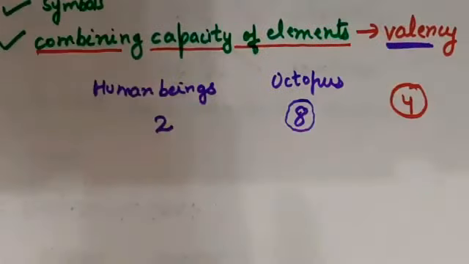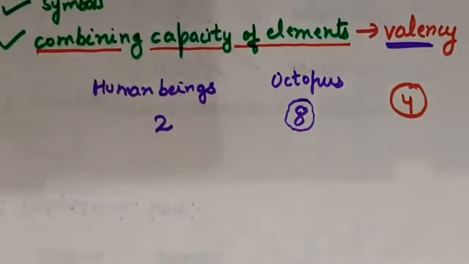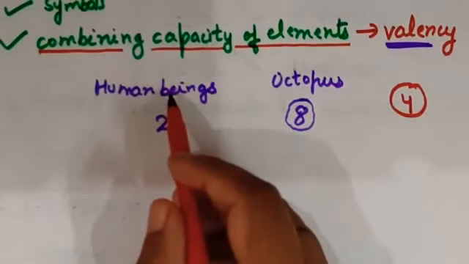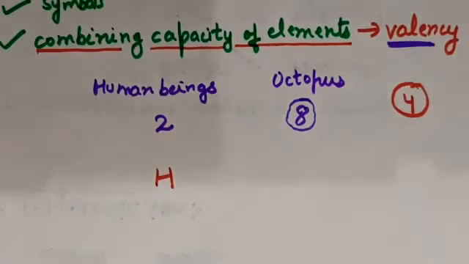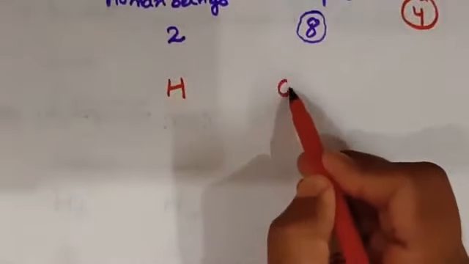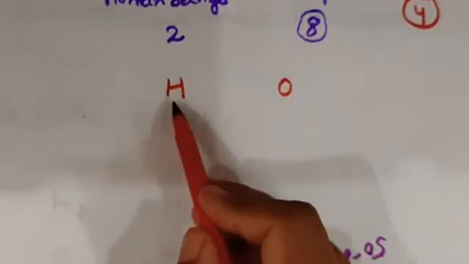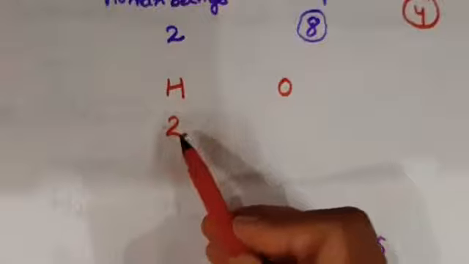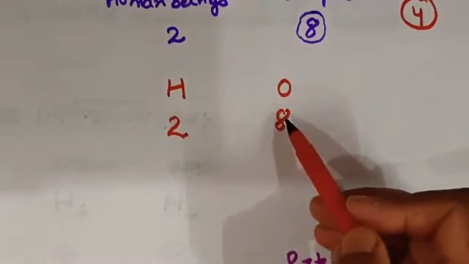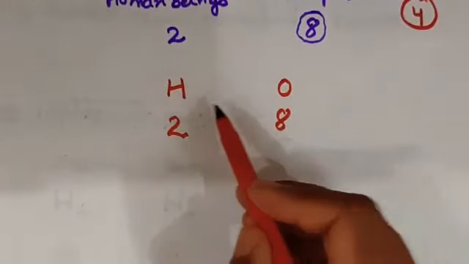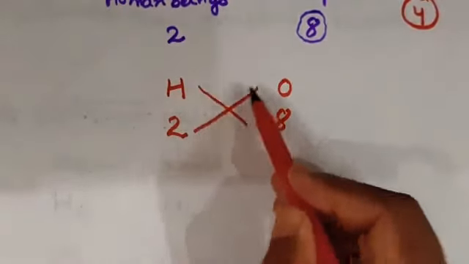So how did we get our answer? If we represent human beings by H and octopus by O, how many arms do humans have? 2. And how many arms does an octopus have? 8. Now cross multiply.